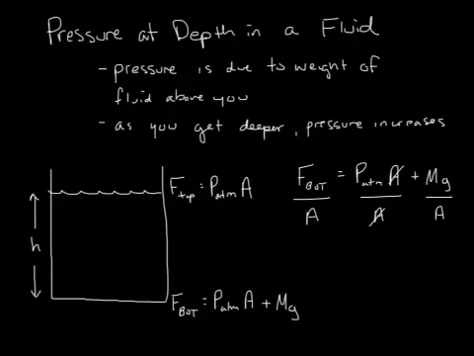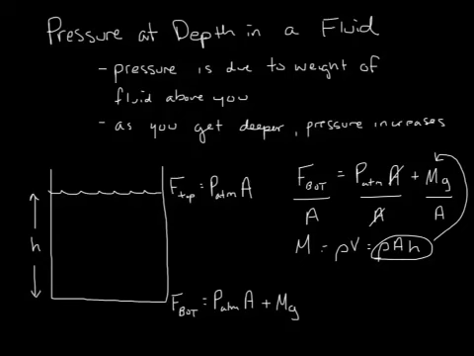But then also the total mass of my fluid is going to be equal to the density of the fluid times its volume, which would also be the density of the fluid times the cross-sectional area of the container times the height of the fluid in the container. So if I plug that in for that mass, I'm going to see the A's cancel out again.